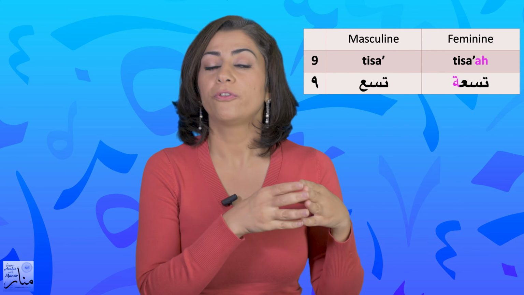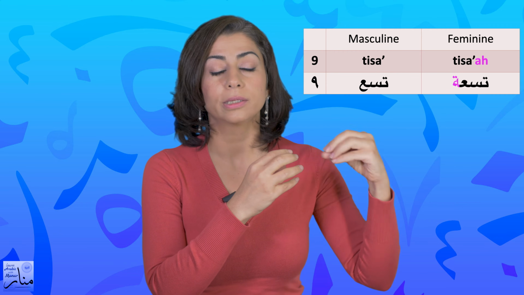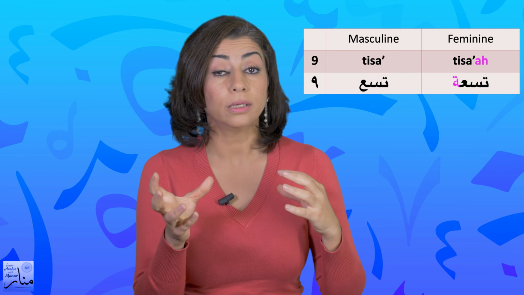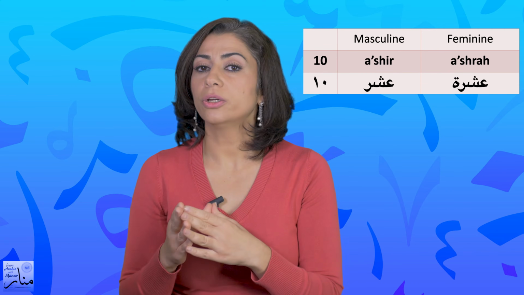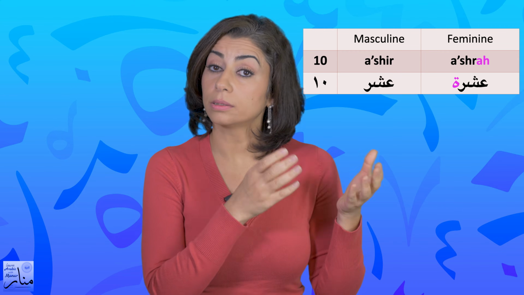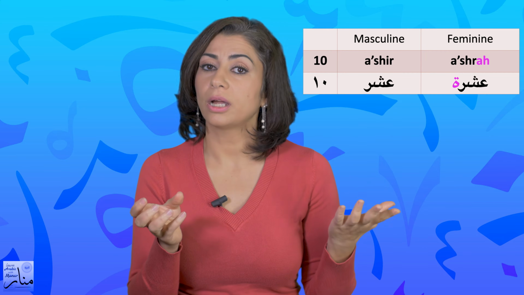For feminine we are adding ta marbuta and we are making it a little bit longer: تسعة. 10, عشر, masculine. We are just adding ta marbuta and it will be عشرة.